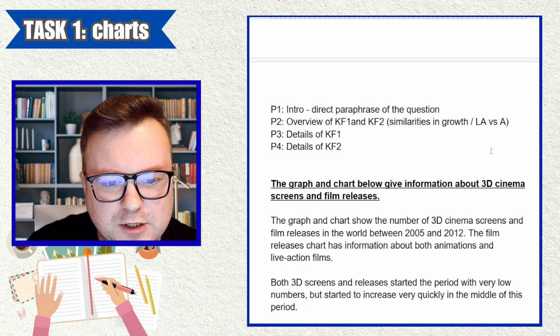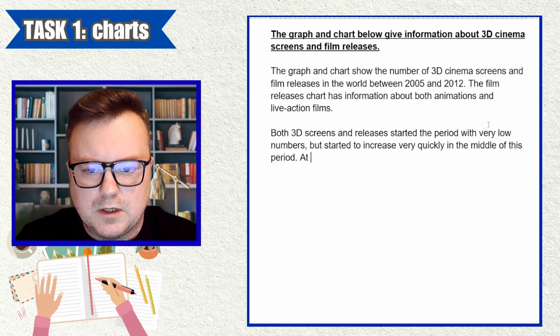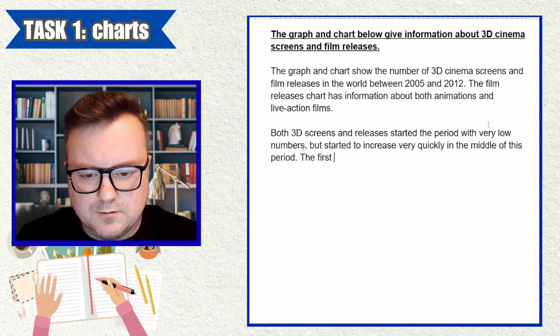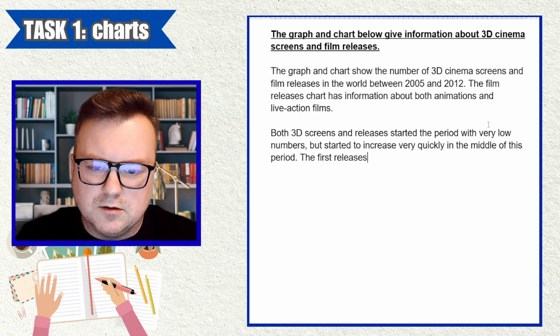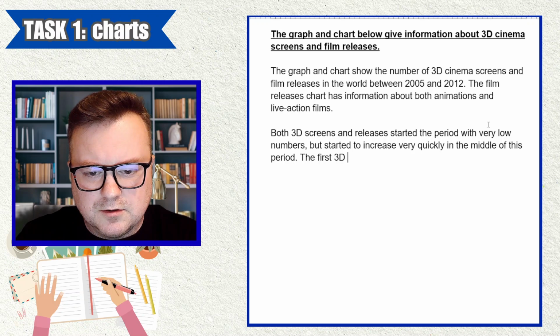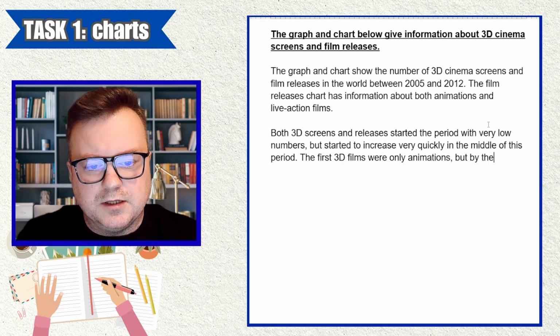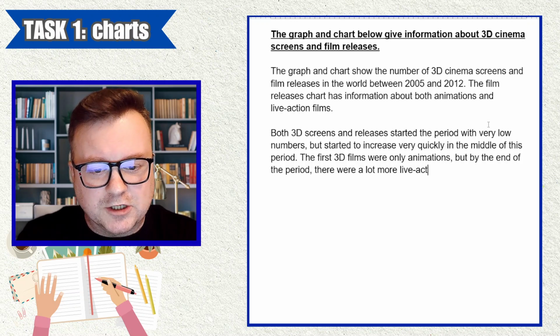Second key feature I've mentioned is live action versus animation. The first 3D films were only animations, but by the end of the period, there were a lot more live action films.